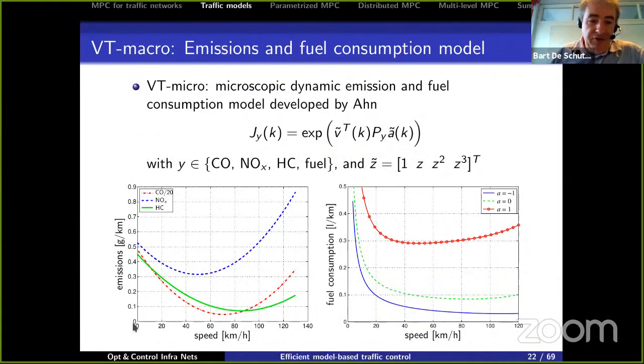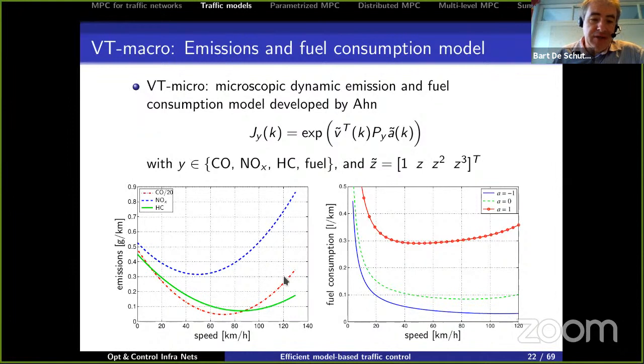And here you see for an individual car what the emissions would be as a function of the speed. So typically at lower speeds, we have high emissions. They go down as the speed increases, but if the speed then increases further, the emissions go up again.